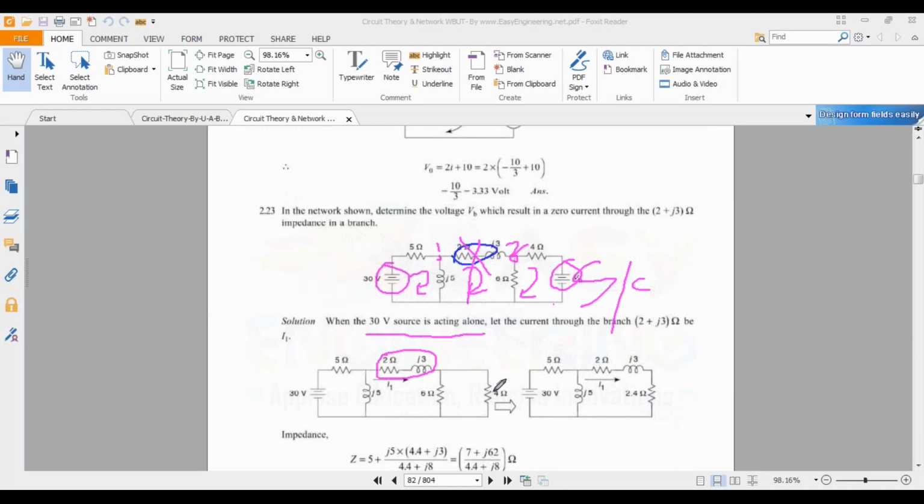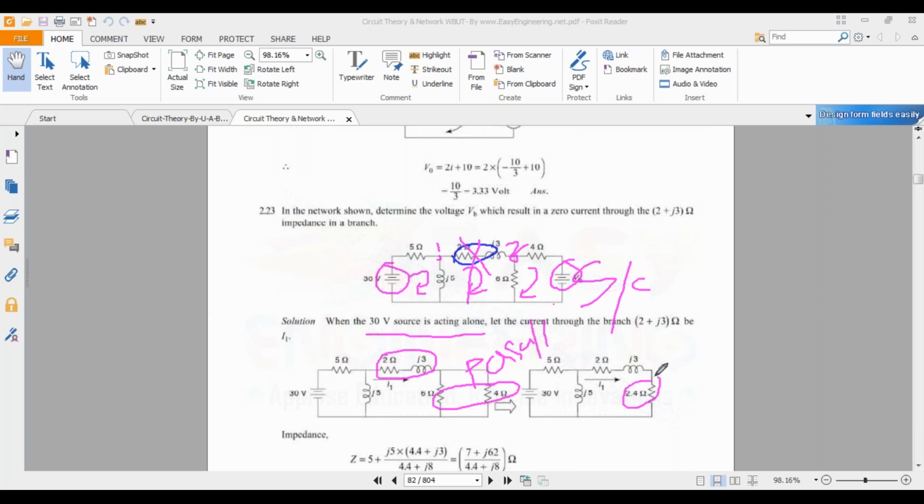Here, the 6 and 4 ohm branches are in parallel. Their parallel equivalent is 6 into 4 by 6 plus 4, 24 by 10, 2.4 ohms.